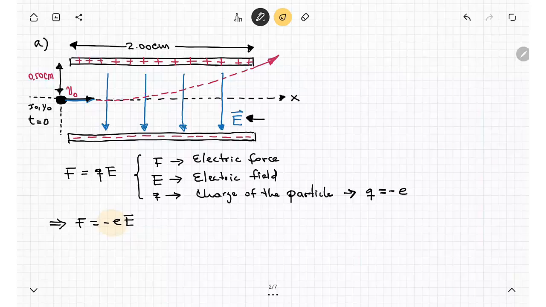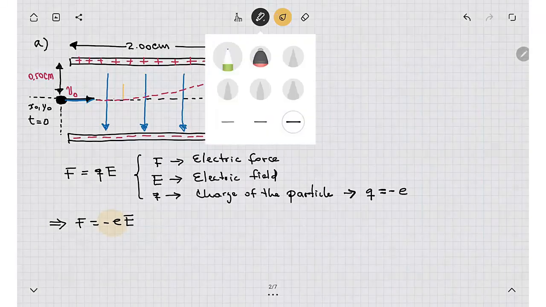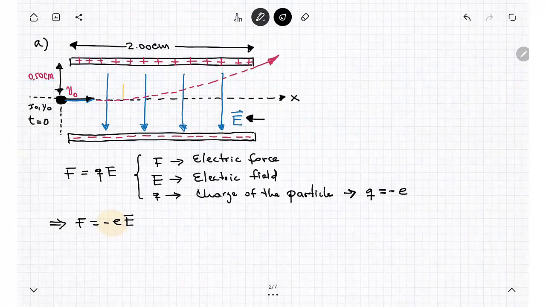So F for the electron is pointing outwards, but E is pointing downwards, as the problem is stating, okay?